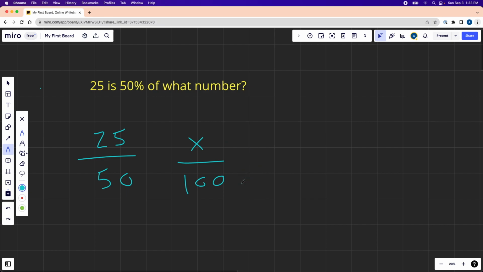Now we have two equivalent fractions and we're trying to find the missing number, so we can use cross multiplication. We take this denominator and multiply it by this numerator, and that gives us 50x equals this denominator times this numerator, 100 times 25, which is 2,500.